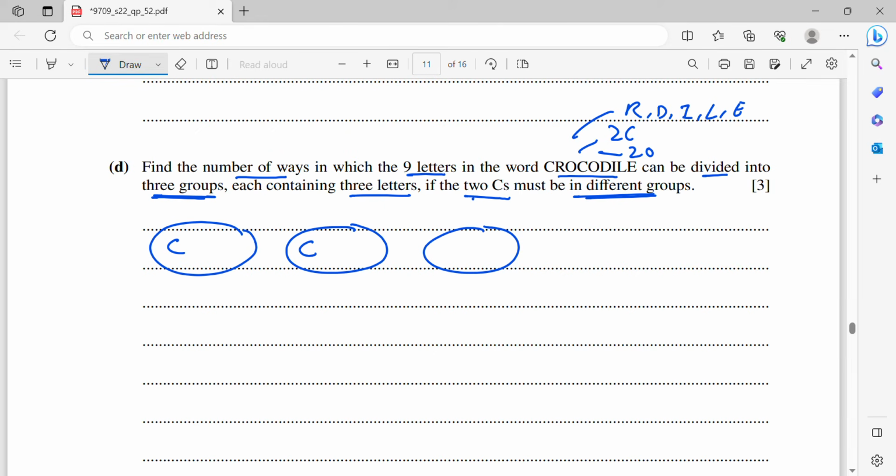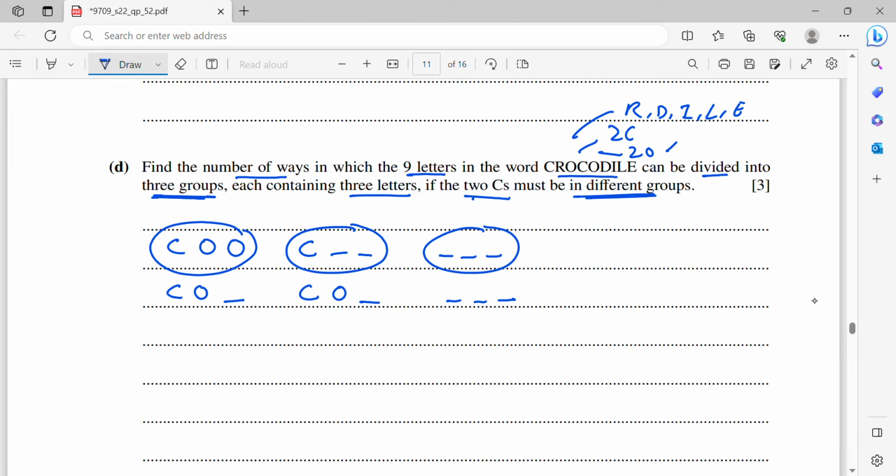So I will say that 2 C in first and second group, this is the first case. Now I need to consider the O. So maybe both O's are in the first group. Then the second group will be other letters. Maybe in first group and second group, I have C, then each group I have one O. Then here, other letters.